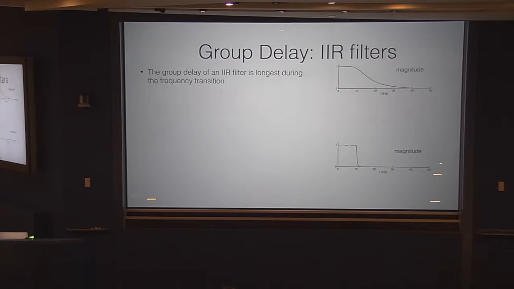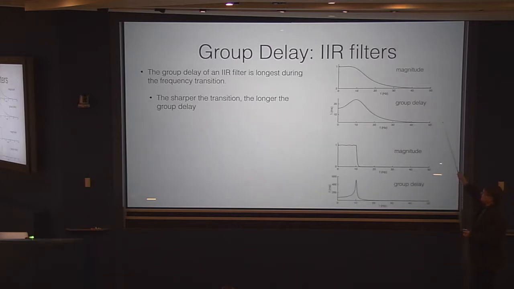Let's go back to looking at these frequency transitions, because the frequency transition region is where the longest group delay is. And let's look at these two different low-pass filters that are low-passing at around 10 hertz. I can tell you that the sharper the transition, the longer the group delay. This is the one we just saw.